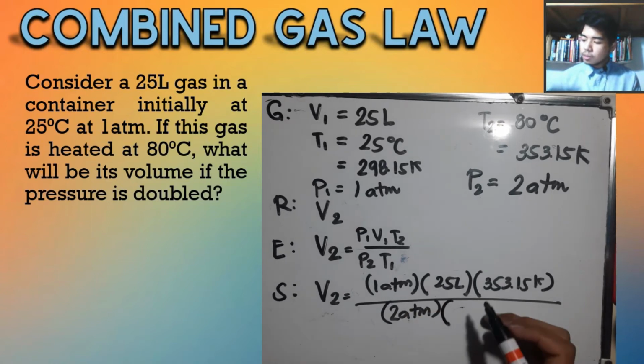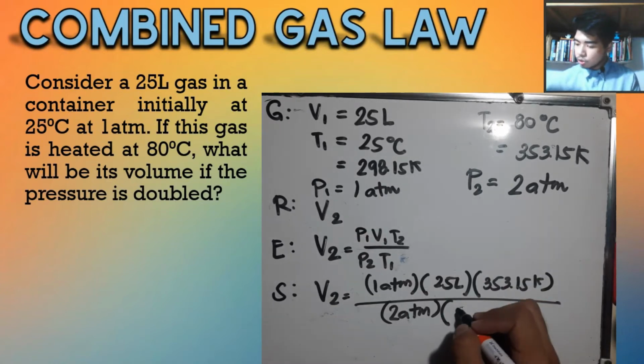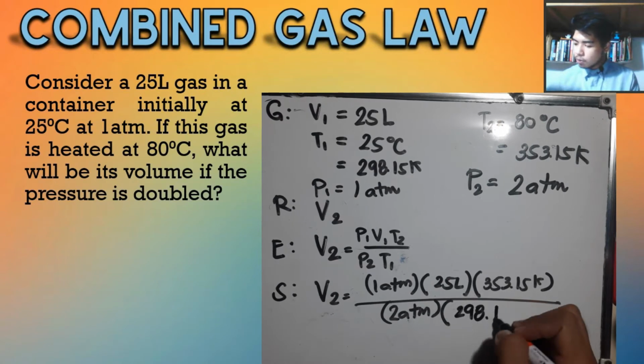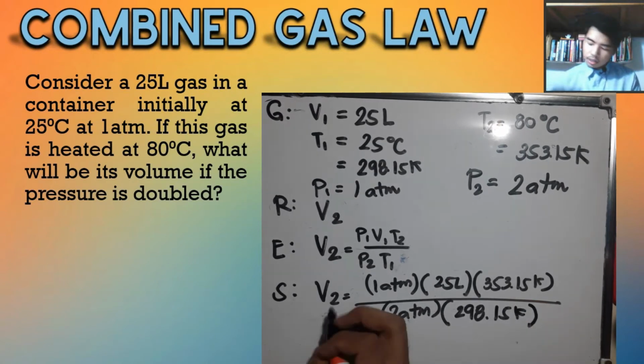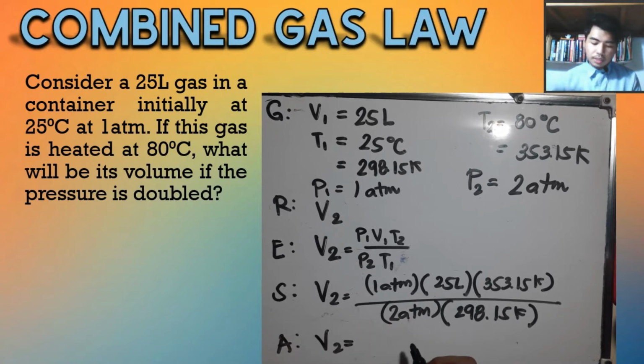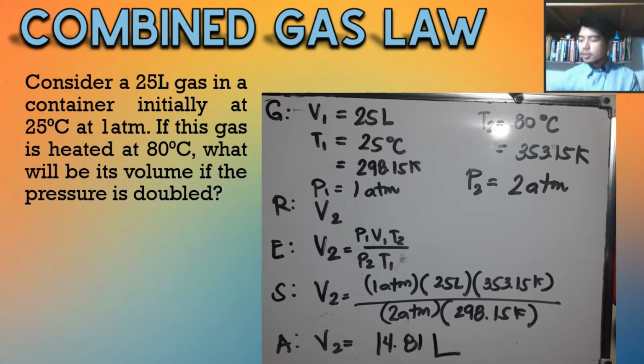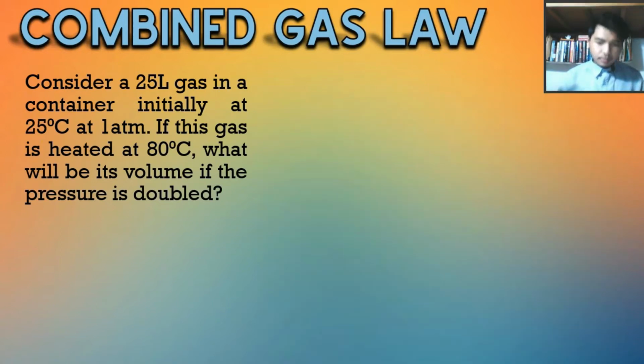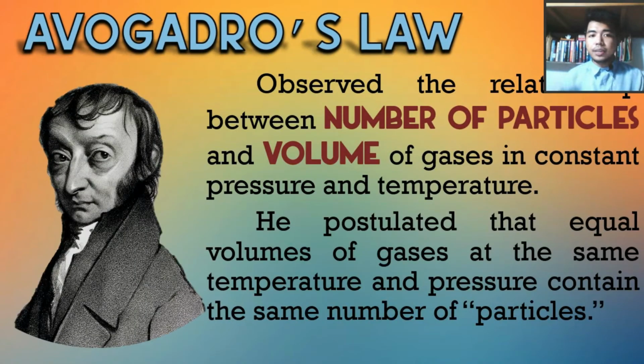Then we're going to multiply this with the initial temperature of 298.15 Kelvin, which will simply give us now the answer for volume number 2, that is equivalent to 14.81 liters.